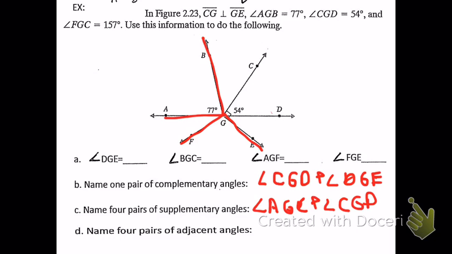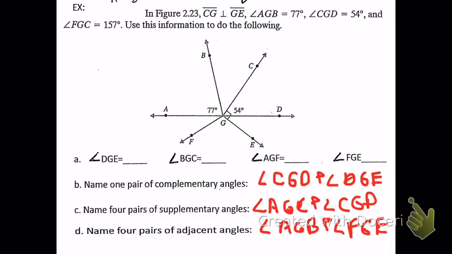Well, FGE is 113, and AGB is 77. Yeah, they do add to 180. I haven't seen that one named before, but you're right, because this is 113. So we would have angle AGB and angle FGE. Very good. Okay, that's a pair of supplementary angles.